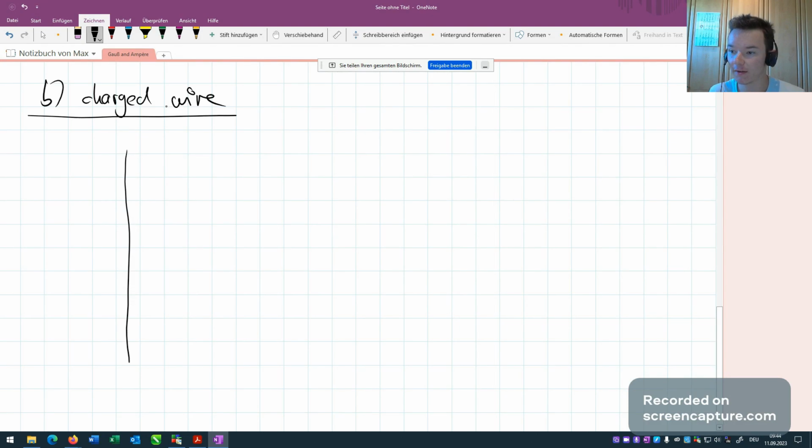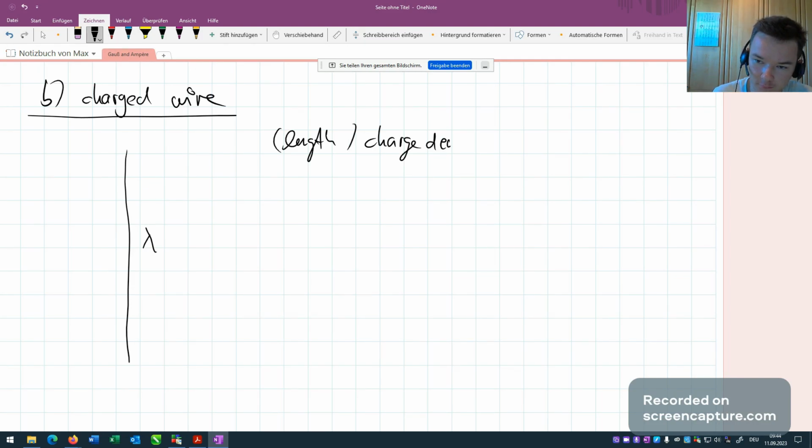And that wire has some kind of length charge density, lambda, which is measured in charge per unit length, because this wire can be indefinitely long, so we can't really define the amount of charge on the wire, but rather the amount of charge per unit length on the wire.